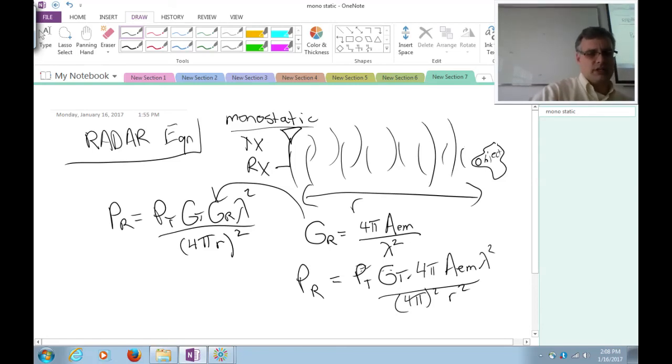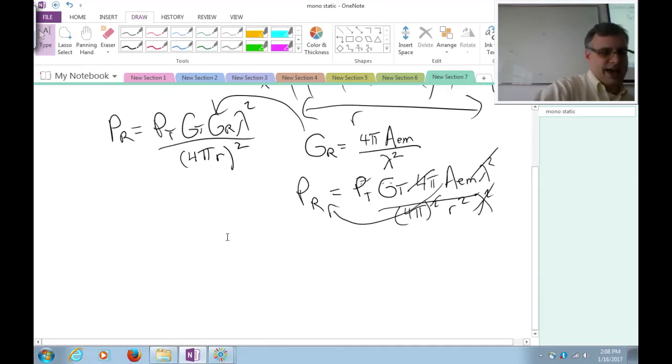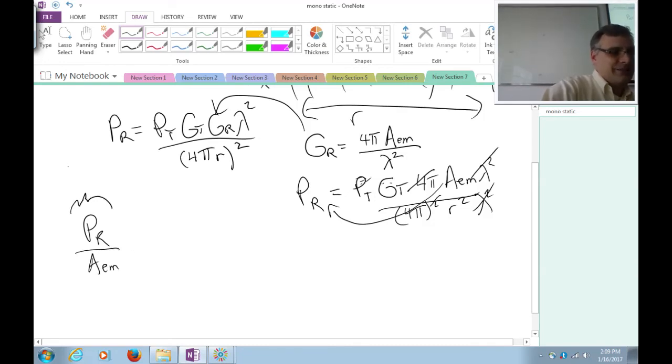So you see, automatically one of these 4 pi's cancel. And I got a lambda squared in the denominator too. That should cancel, right? And I'm going to go ahead and divide through by electromagnetic aperture. So what I really have is received power divided by the effective electromagnetic aperture. And this looks a lot like the magnitude of Poynting vector, doesn't it? It has units of watts per meter squared.